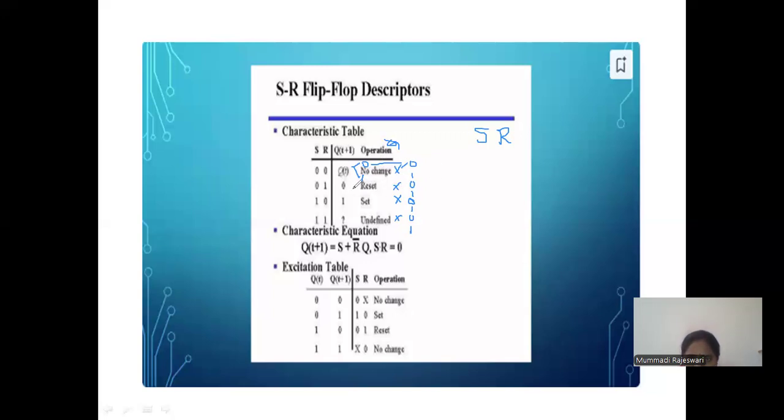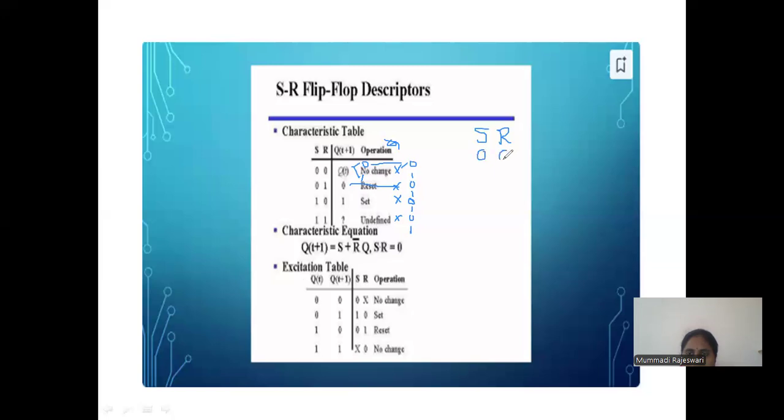And one more condition is this one. Okay. Next, we have totally two combinations for the present state and next state of 0, 0. What are the two combinations of inputs for SR?